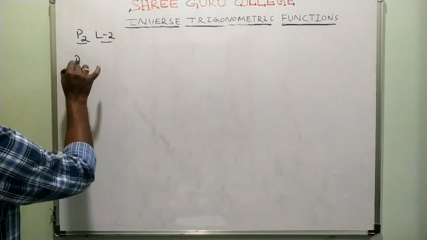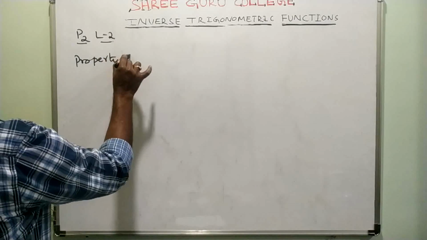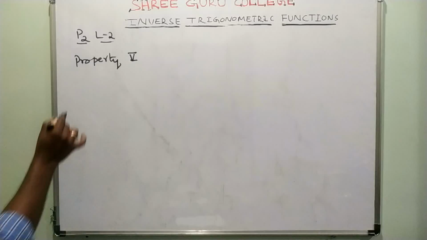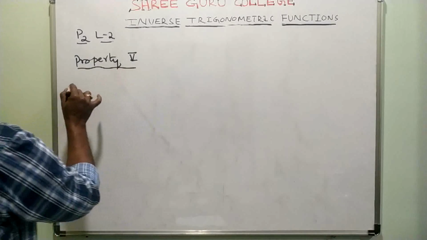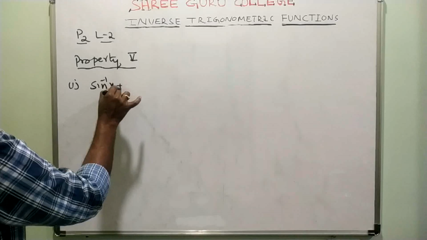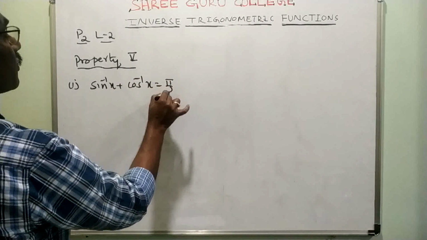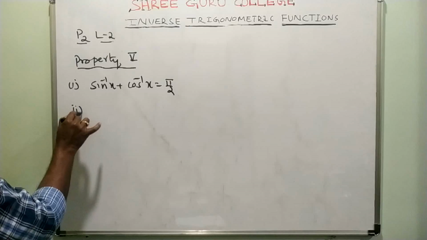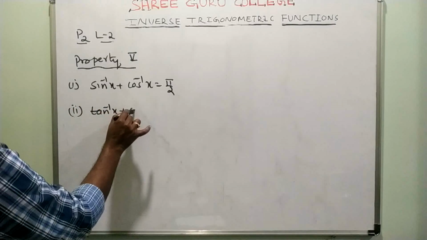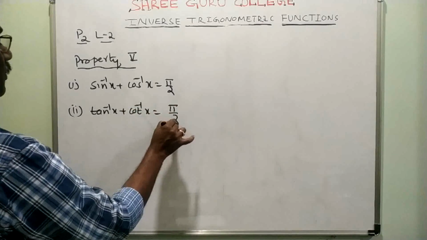So property number 5. What is the first one? Sin inverse of x plus cos inverse of x is pi by 2. Second one is tan inverse of x plus cot inverse of x is pi by 2.